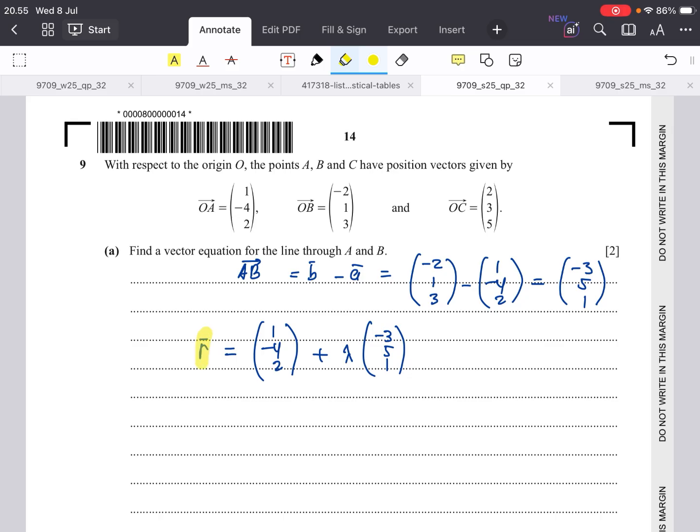And then for the equation of the line, we need 1 point on the line. You can either use point A, (1, -4, 2), or you can also use point B, (-2, 1, 3). In this answer, I'm using point A plus the parameter alpha times the vector AB, which is (-3, 5, 1).